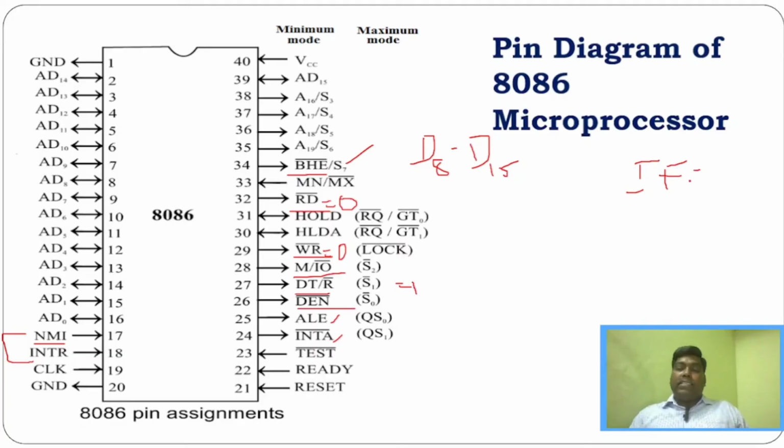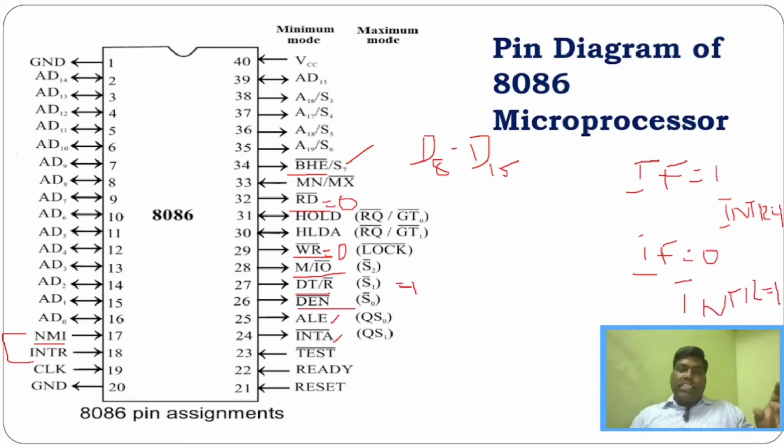Only when the IF flag is equal to 1 will the interrupt be served. If the IF flag is equal to 0, but INTR is equal to 1, then that interrupt will not be served.